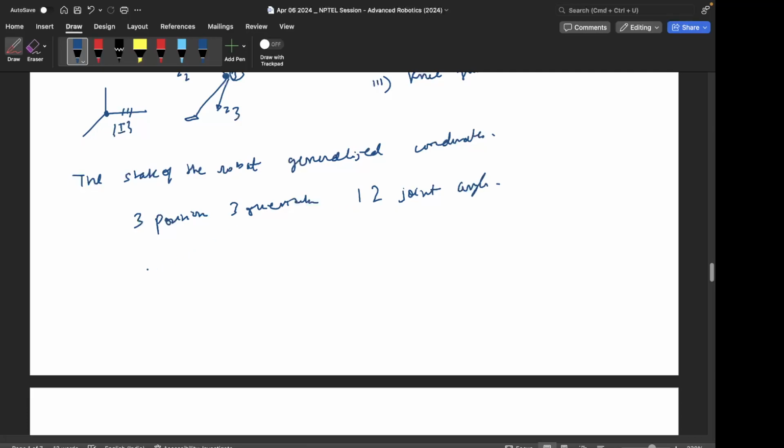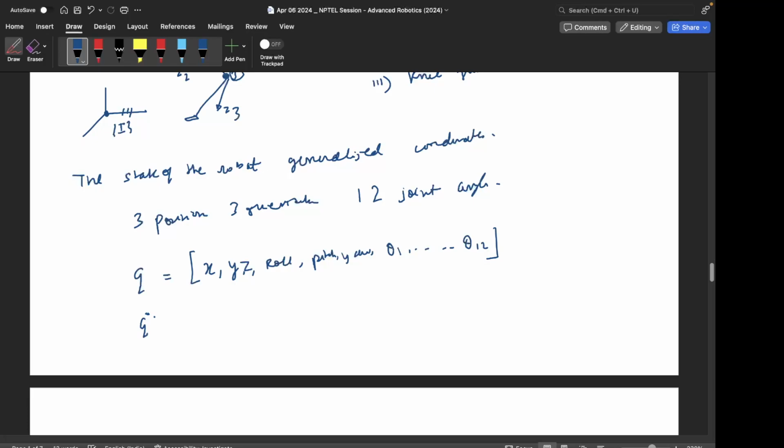So q is basically x torso, y torso, z torso, then roll, pitch, yaw of the torso, the Euler angles, and then the joint angles, basically theta 1 to theta 12, the 12 joint angles, because each leg has 3. So these are the generalized coordinates.